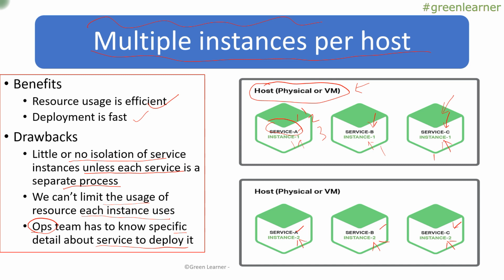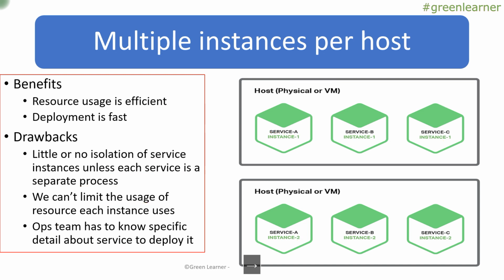When they have to know all these details, they cannot focus on automation and more efficient monitoring of the host machine and all those things. This is the traditional approach of deployment. There are lots of drawbacks that can be solved easily with the other patterns that we have. So let's go ahead and see that.